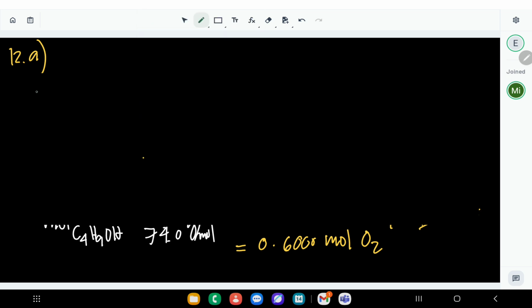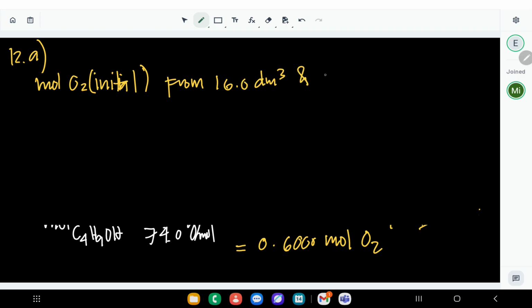So we get the initial number of moles of oxygen from its volume, which is 16 cubic decimeters, and the molar volume, which is 24 cubic decimeters per mole. So we just divide that to get the number of moles.